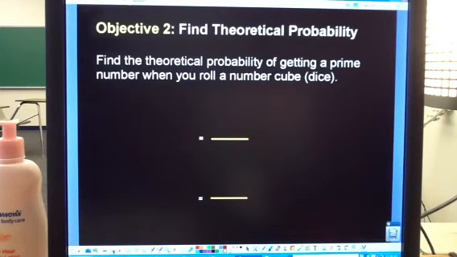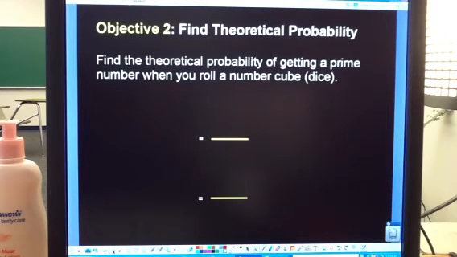Okay, so for those of you that don't remember what a prime number is, a prime number is a number larger than 1, like maybe 5 or 13, that's divisible only by itself or 1. So our prime numbers go 2, 3, because those numbers are only divisible by themselves and 1.